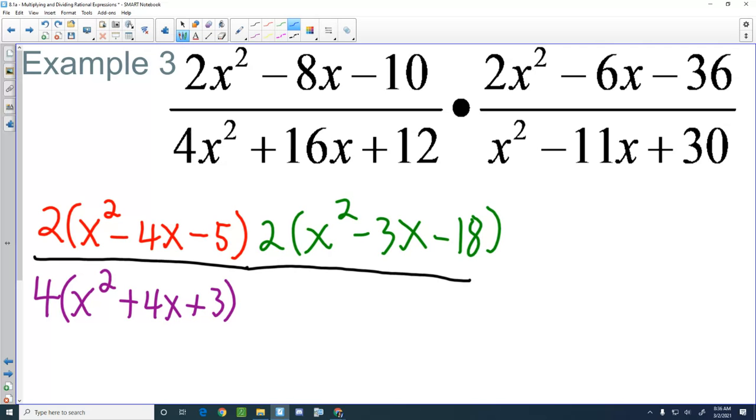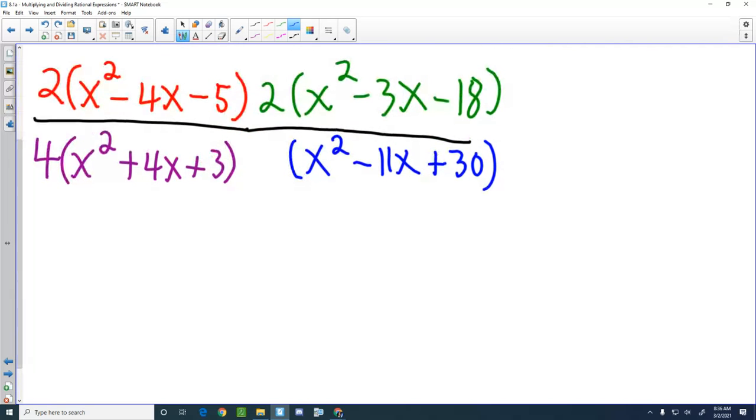And that last denominator on the right doesn't have a GCF, right? x squared, 11x, and 30. So I'm just going to put that in parentheses: x squared minus 11x plus 30. So those are those same 4 trinomials, but I factored the GCF out of each of them.